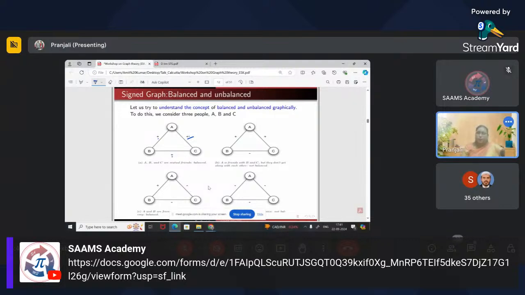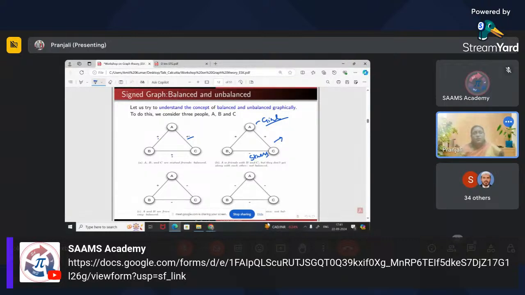Suppose A is a girl and there are two boys, B and C. B and C both like A. Then in that case, B and C cannot be good friends. There will be stress between B and C. So this is not balanced.